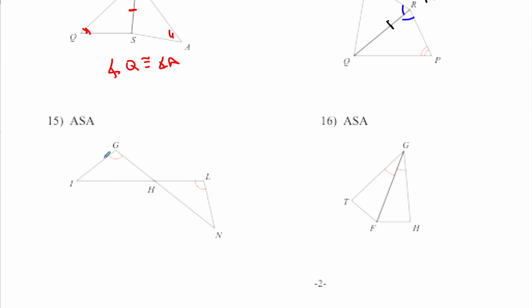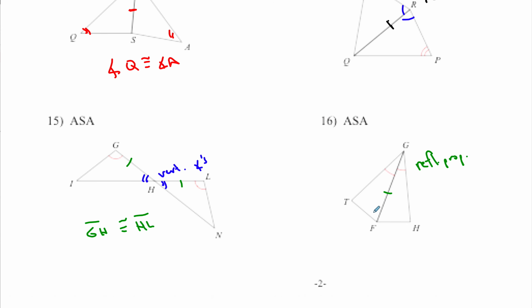Okay, angle, side, angle. Well, we get this angle because they are vertical angles. Remember, you can use the drawing against itself, which means we need to add the side between, which must be this side and this side, which means GH congruent to HL. Right? Here's another reflexive property. Notice how I'm just doing this before I even take a look at this.